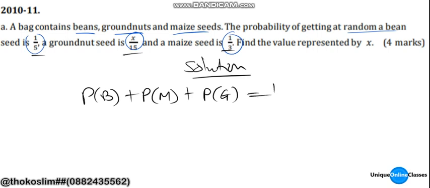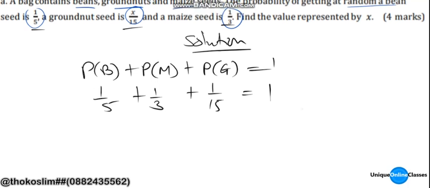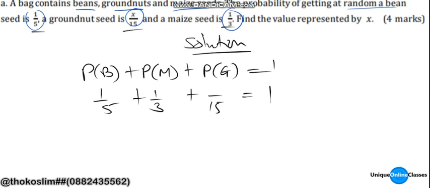So we have 1 over 5, that's for beans, plus for maize, 1 over 3, and for groundnuts, here should be x. Here we have x over 15 as given above.